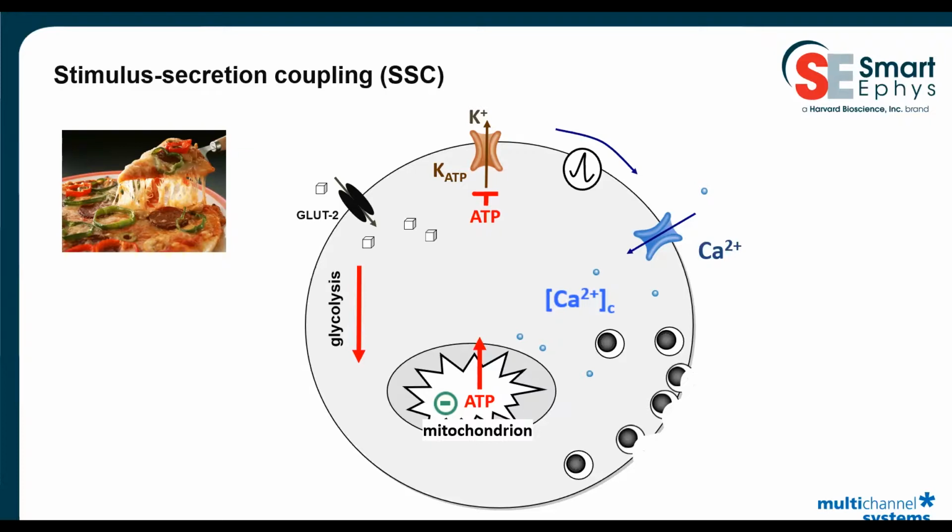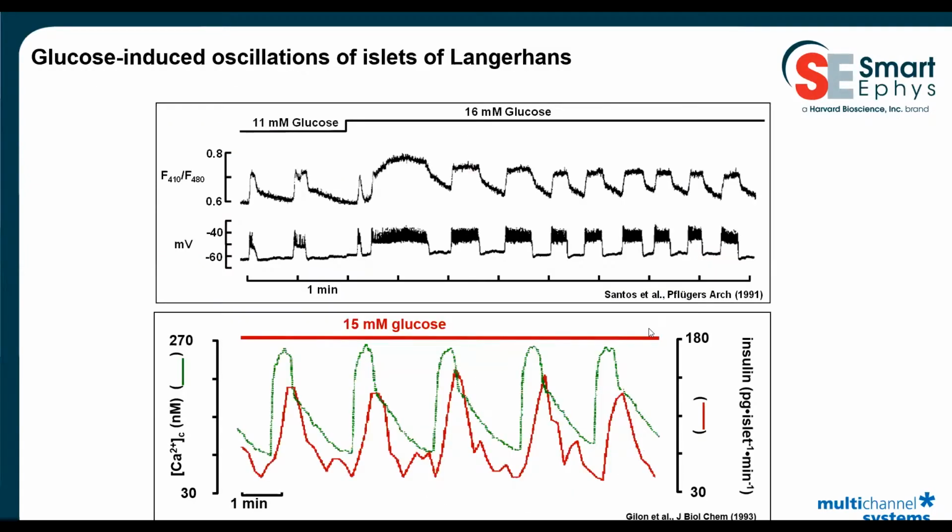This event, of course, is very important and recordable. But the beta cell is much more than only calcium action potentials. I want to show you these two figures from two important papers from Santos et al. and Gilon et al. They showed for the first time that everything which has to do with the stimulus secretion coupling oscillates.